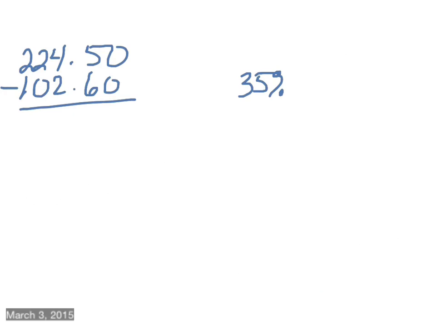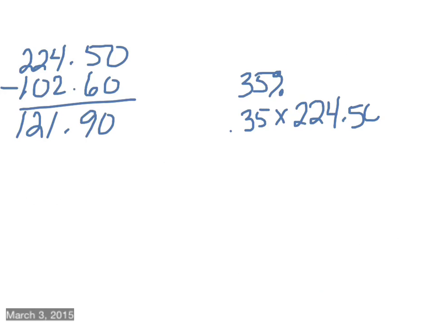What's $224.50 minus $102.60? $121.90. Good. Now I need you to take 0.35 and times it by $224.50.